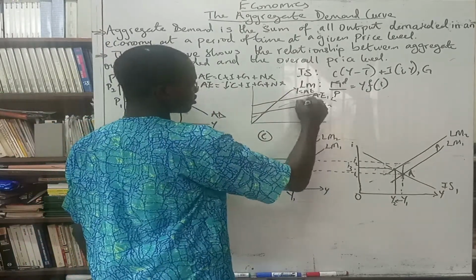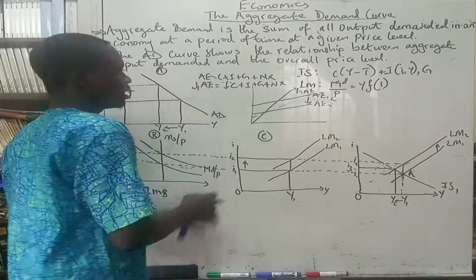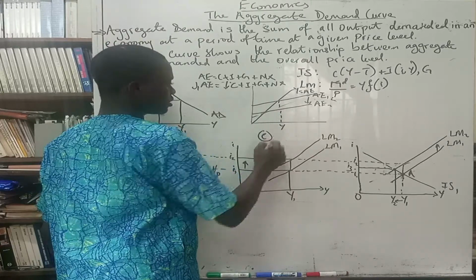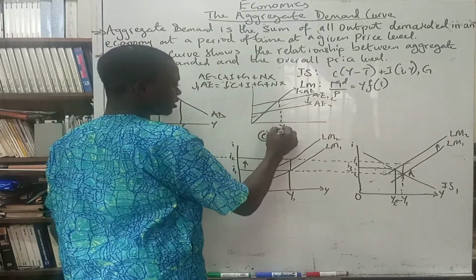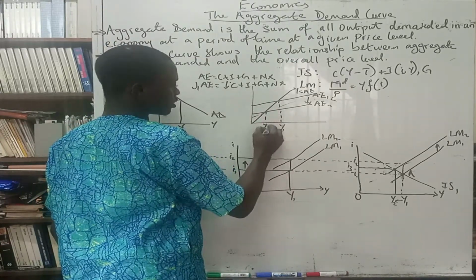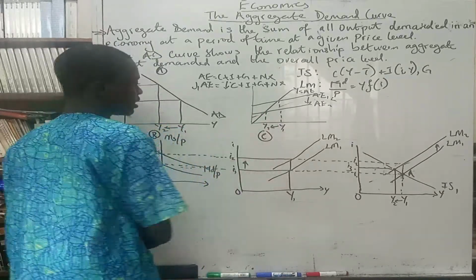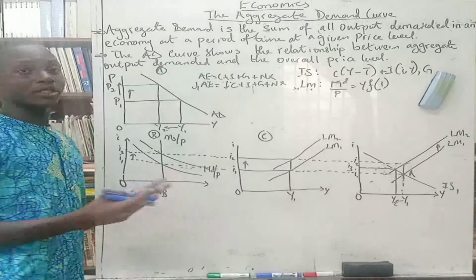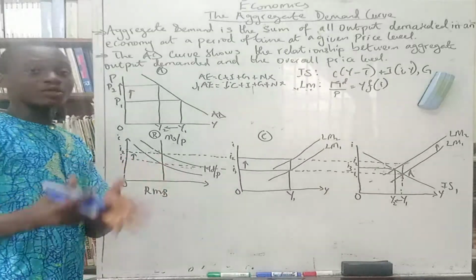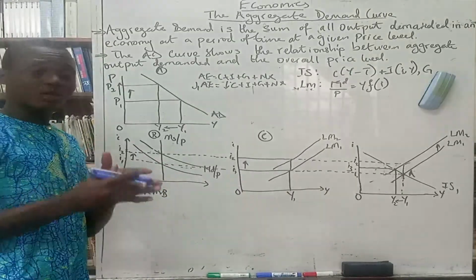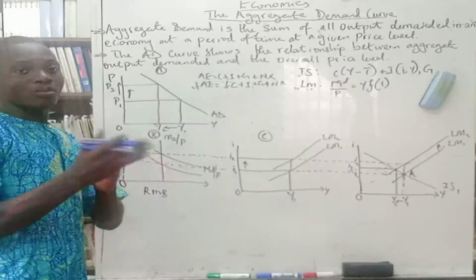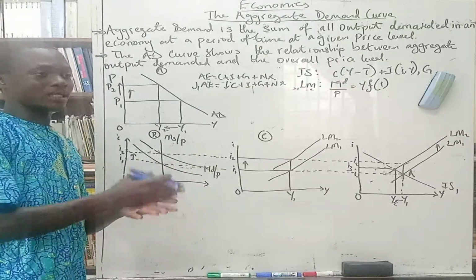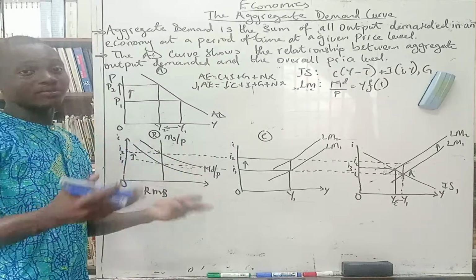AE1, AE2. All right. Recall that this represents the equilibrium national output in the goods market, and so this falls to here. So obviously, from the explanation, you can see that an increase in interest rates raises household savings, and because the income of households at that particular time is fixed, more savings simply means less consumption, and less consumption simply means less household spending on goods and services.